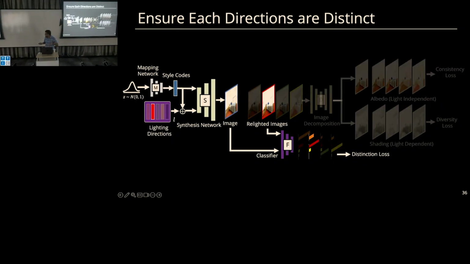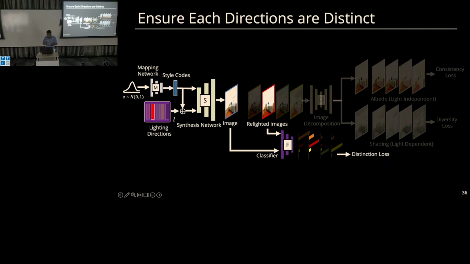For example, if I add a red 512 dimension vector, the pair of images that the classifier takes in is the blue one and the red one, and the goal of the classifier is to predict that the red vector was applied. So you can imagine there are indices 0, 1, 2, 3, 4, and the classifier does a multi-class classification, predicting which index, or which lighting direction, was applied.